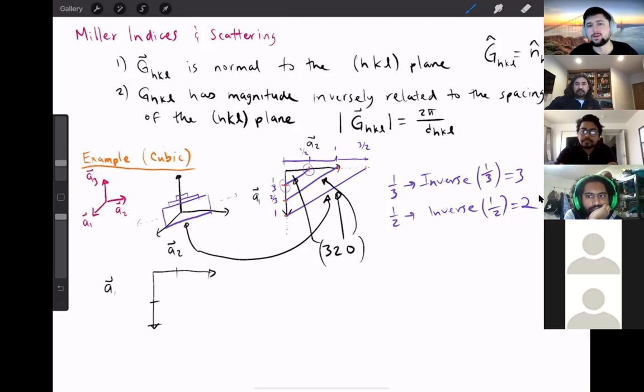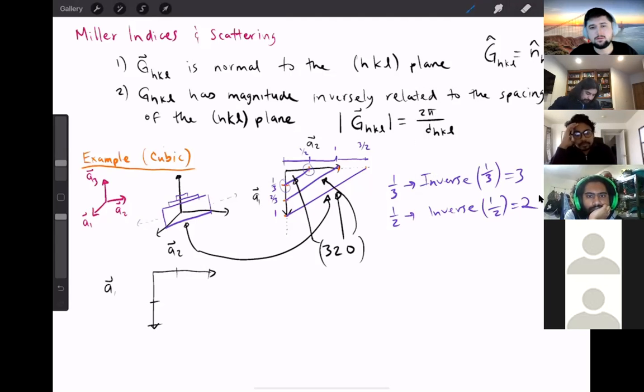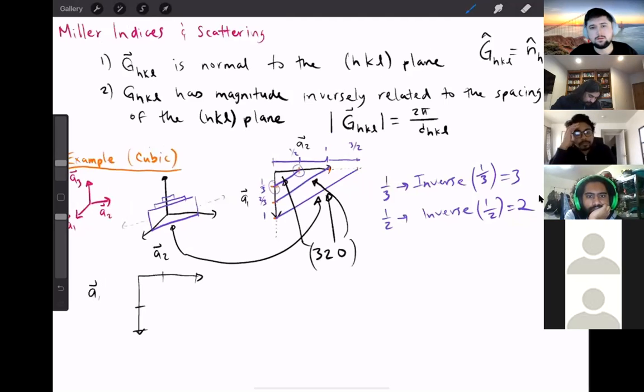How would you do the second one? Right, 2 divided by 3 and 2 divided by 2, 1. So for instance, if I had a plane that was crossing from the top, like this, right? What would that plane be?